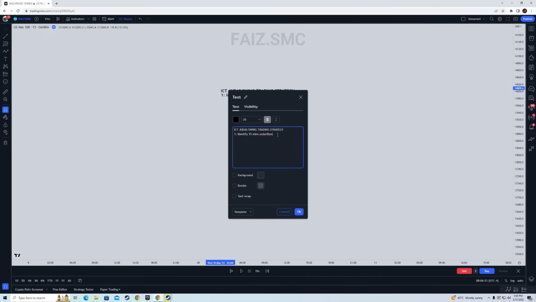Let's say the order flow is bullish. Number two is then we identify sell side liquidity before 8:30 a.m. New York time for Forex and before 9:30 a.m. for indices.